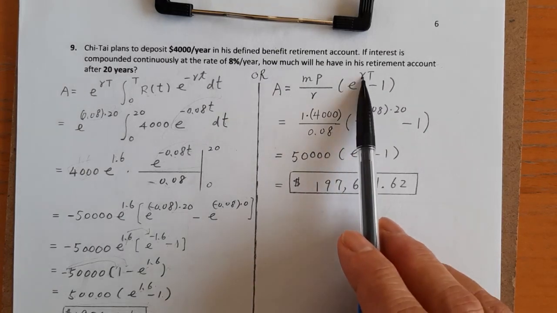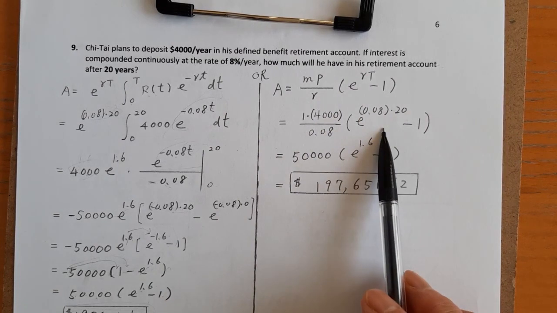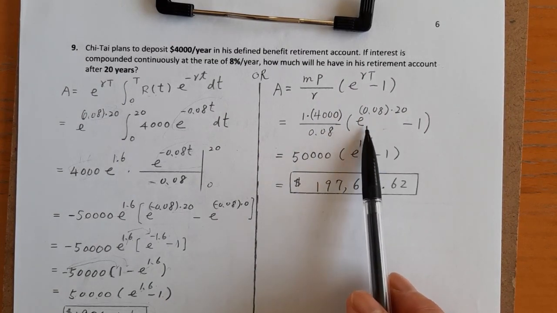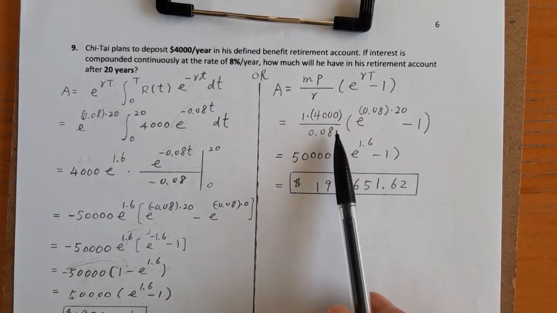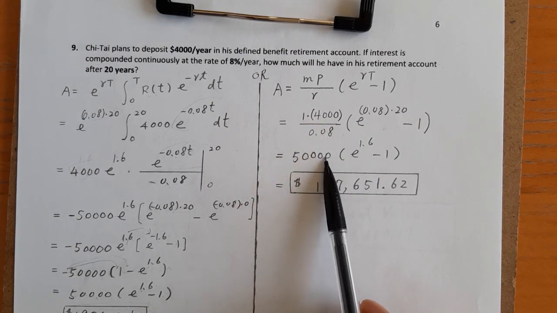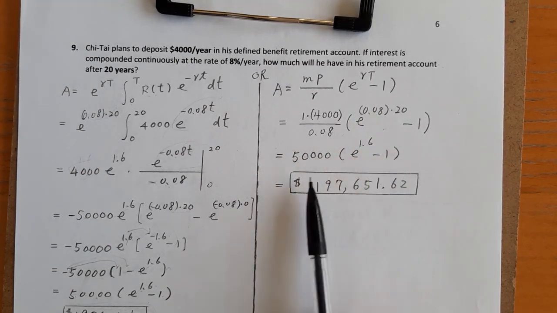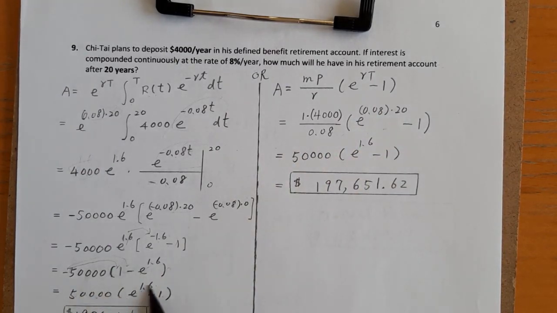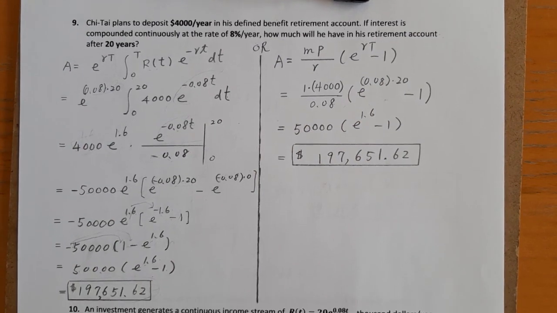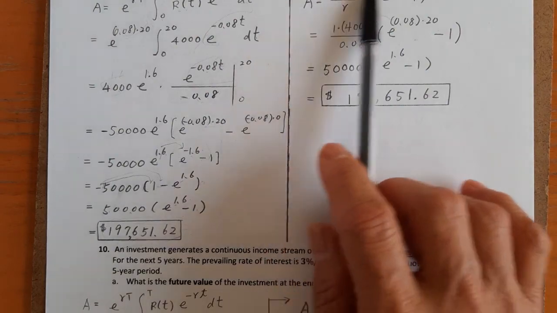The exponent is r times t, with t equal to 20, minus 1. Then 4,000 divided by 0.08 is 50,000. And then this times this minus 1. Actually, this one is the same as this one. Subtract and figure it out. You can use this formula.